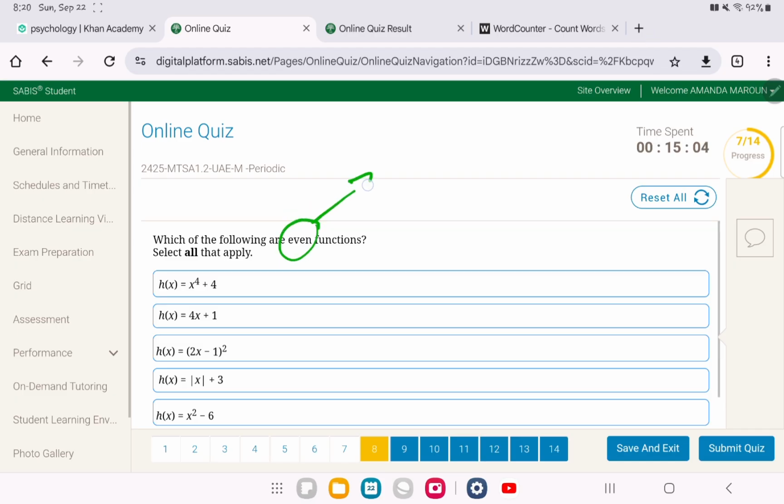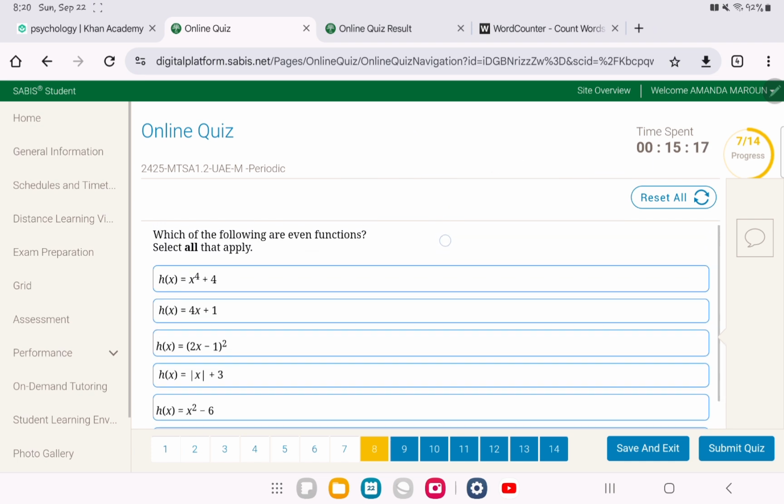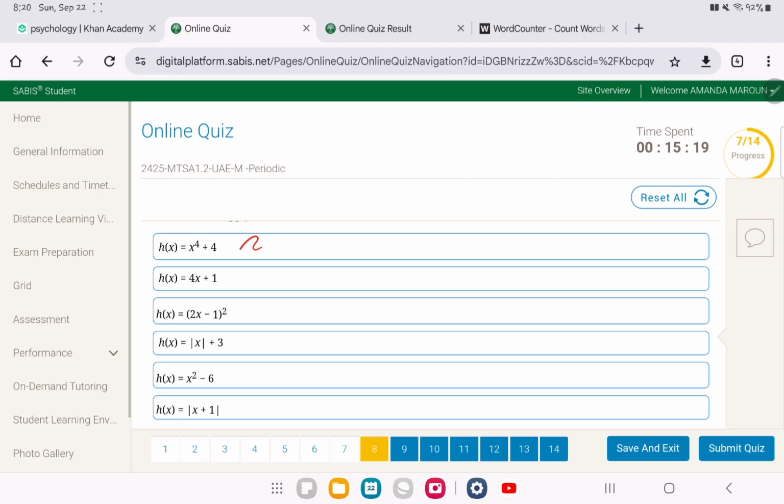We said anytime we see even functions, we do f(x) equals f(minus x). Or, in other terms, x and minus x, if we substitute it, will give us the same result. So first of all, we have h(x) equals x to the power of 4 plus 4. And we remember f(x) equals f(minus x).